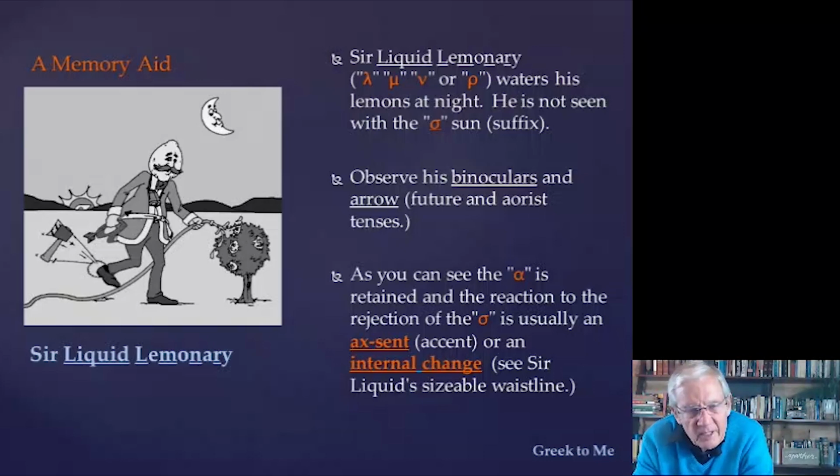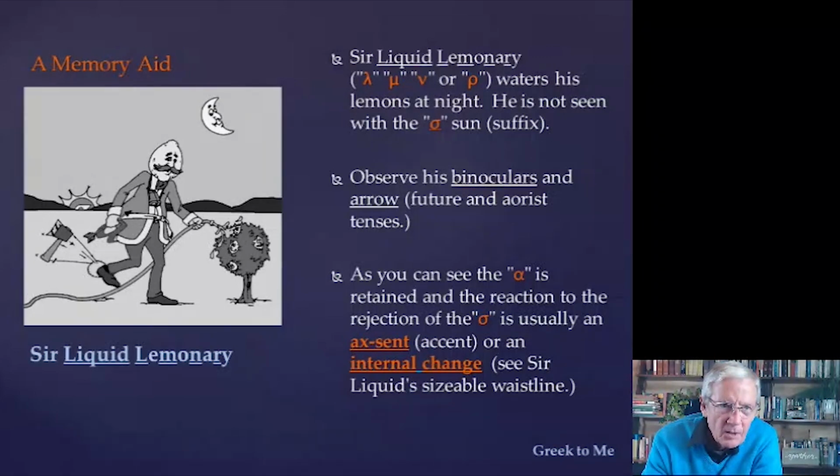The second point, observe his binoculars around his neck, and also he's holding on to one arrow for first aorist. So that helps us here that the liquid verbs, their change is affected both in the future and also the first aorist. And then, as you can see, the alpha is retained.